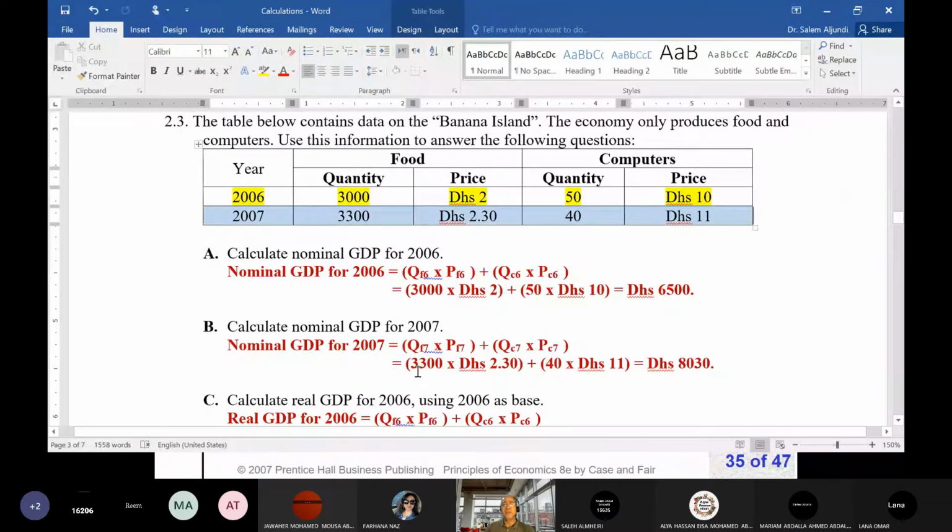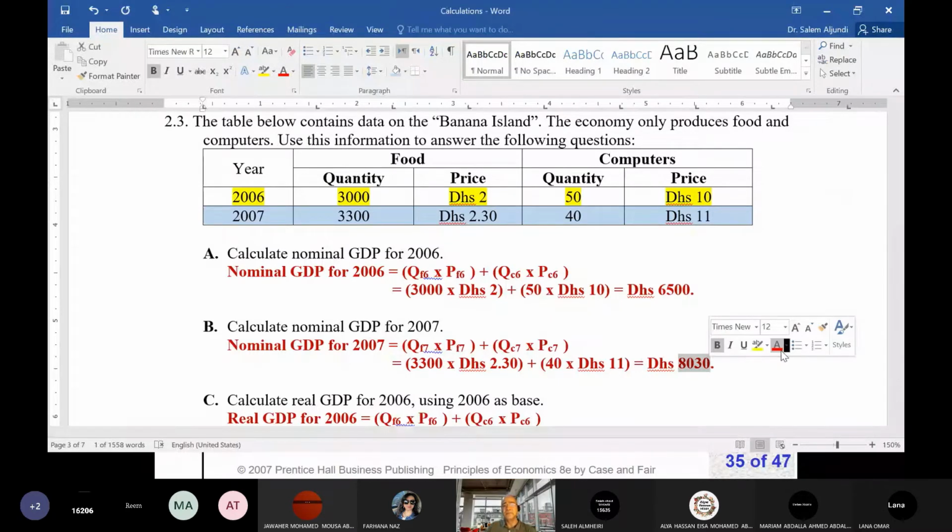So 3,300 times 230 plus 40 units times 11 equals 8,030. Okay, till now it's quite easy.